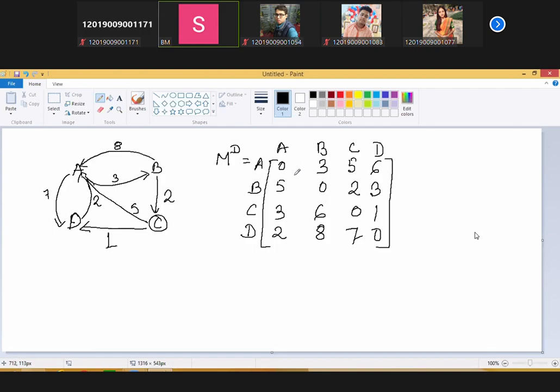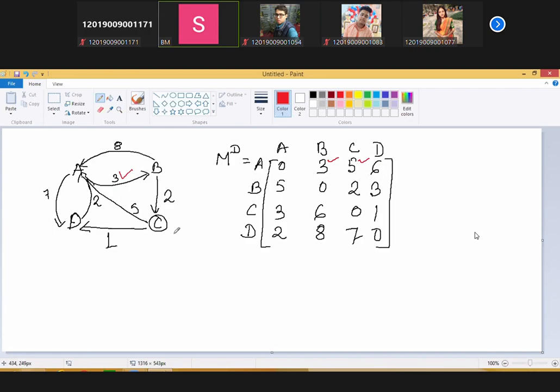Now just for a check: A to A obviously 0. A to B, the shortest distance is 3, that is okay. A to C, there is no direct path, but with updation, 3 plus 2, so yes, 5, that is okay.